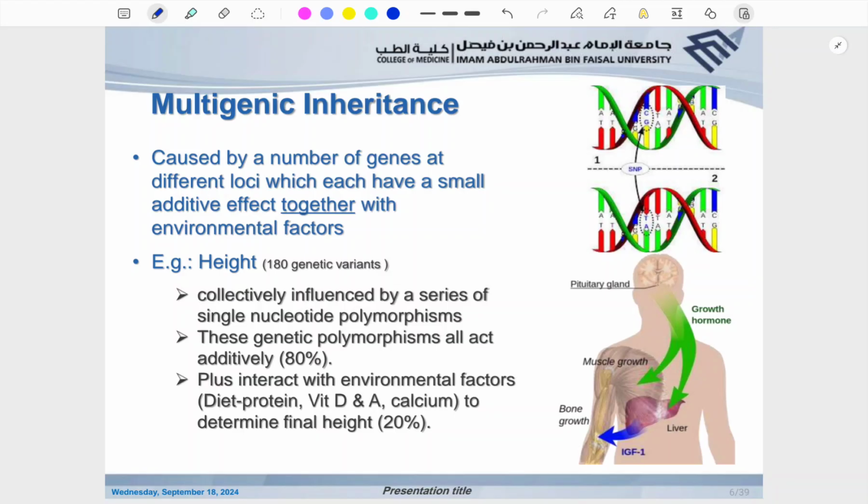I don't drink milk. I hate milk. You understand? These determine final height, the 20%. So there are environmental factors and polygenic factors. Obviously here, the polygenic factor is far greater than the environmental factors.